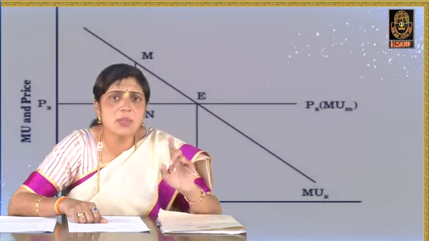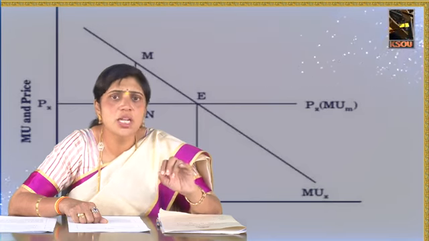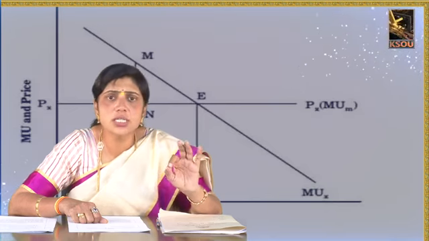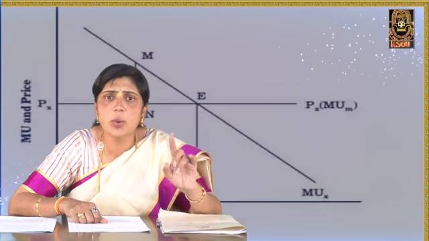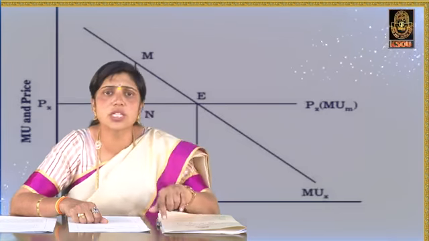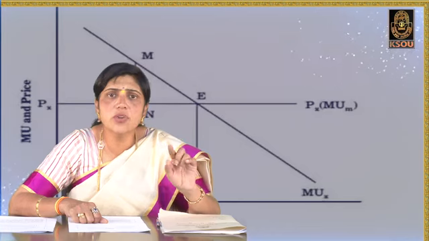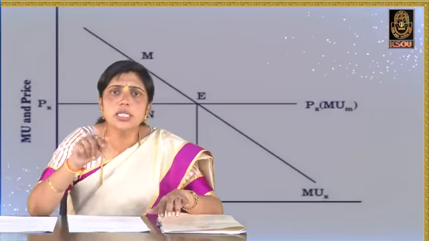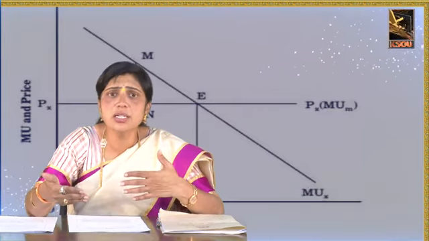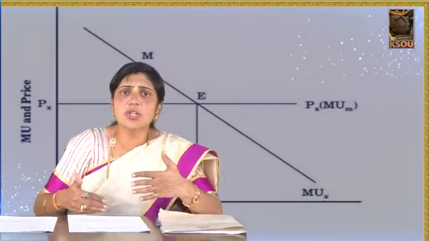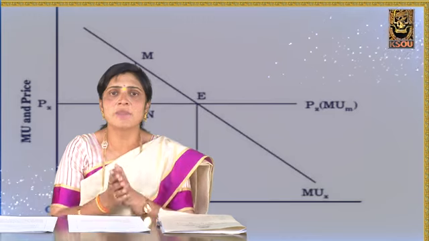Utility and satisfaction are not one and the same. Utility is not the same as satisfaction. In other words, utility is not satisfaction itself. Utility is the want-satisfying quality possessed by the commodity, whereas satisfaction is what one gets from the consumption of a commodity. Utility is expected satisfaction, whereas satisfaction is realized utility.